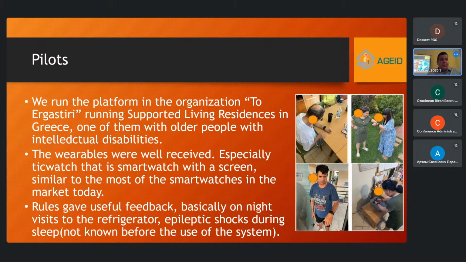We also identified some light epileptic shocks during the night. The people who suffer from them had these epileptic shocks, but nobody knew because they were not so severe and could not be detected, because at night everybody sleeps, so they didn't expect to see this. This was something revealed from the use of the system.